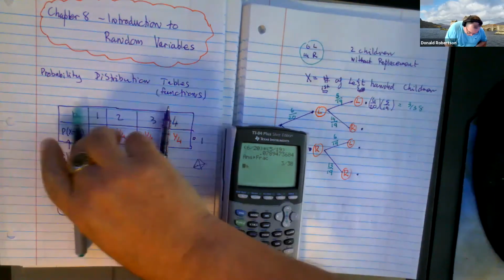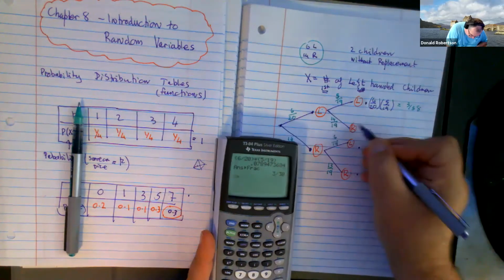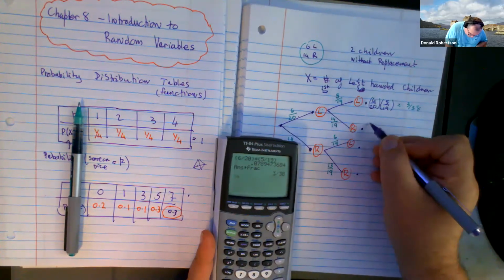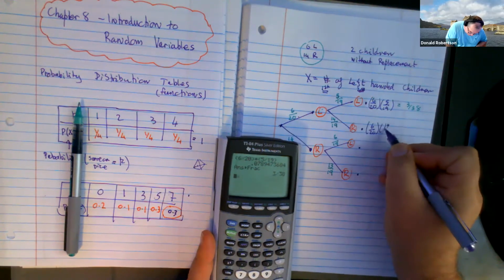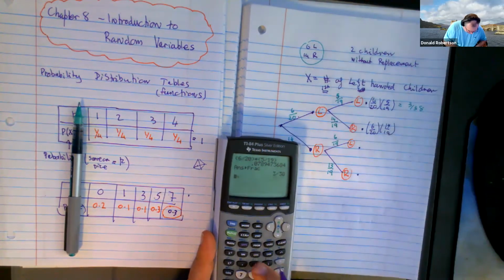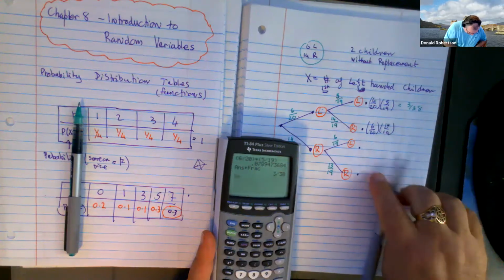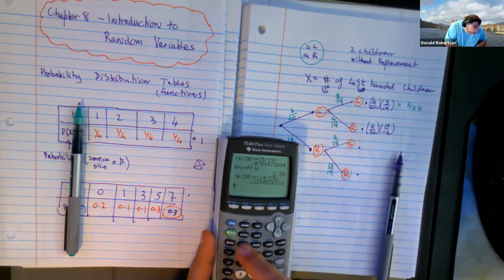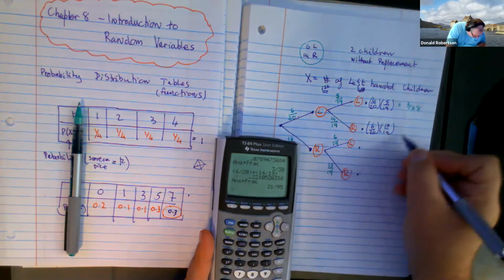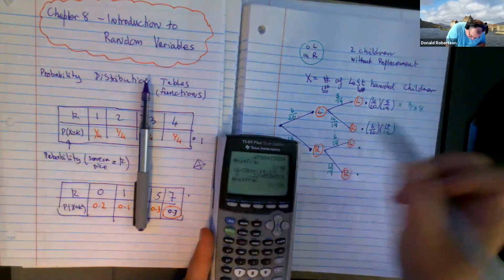Okay. The next one, 6/20 and 14/19. So 6/20 times 14/19. Hit the math button, choice 1 again, and I'm looking at 21/95.